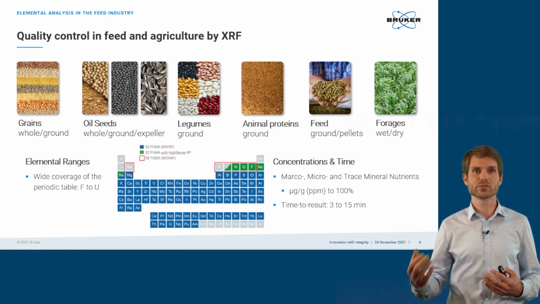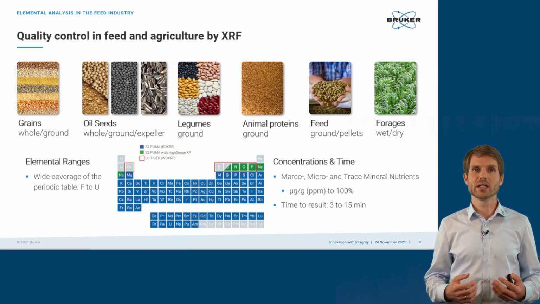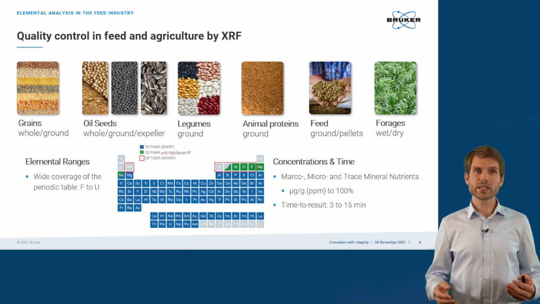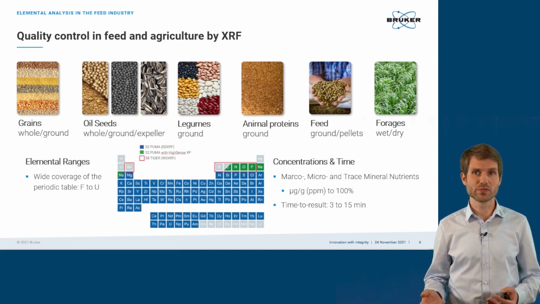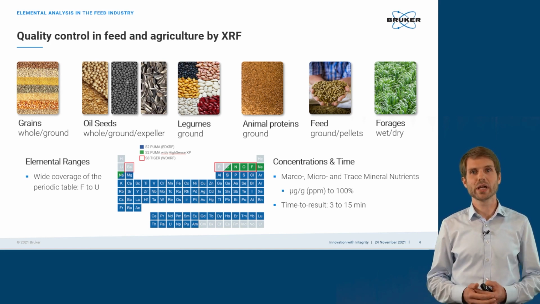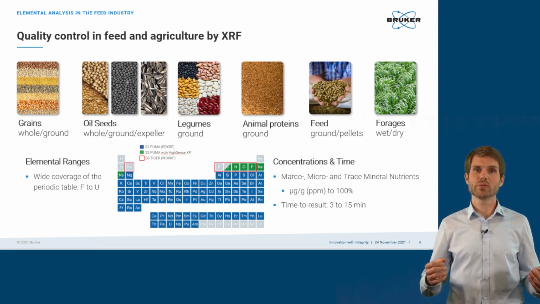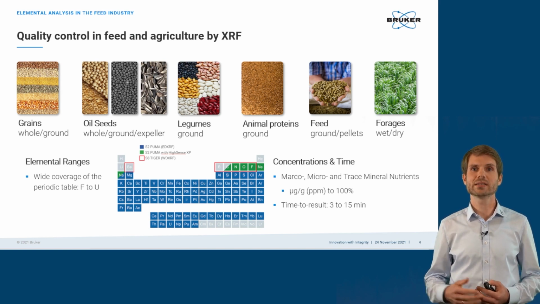You can analyze vegetable protein, ground material, and you can analyze feed, mixes and forages. Broadly speaking, with XRF we can cover elements from typically fluorine up to uranium within feed and agricultural applications. And we can detect micro, macro, as well as trace elements, so trace element contaminants.